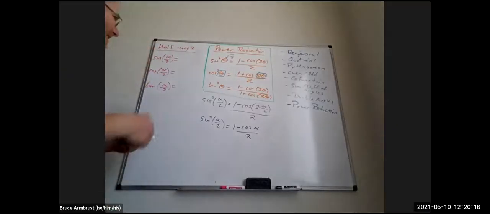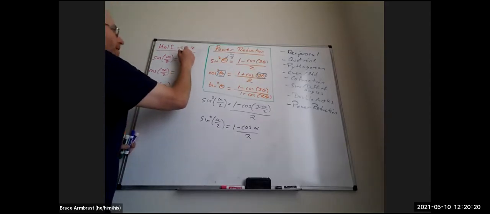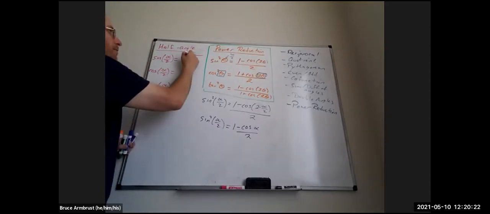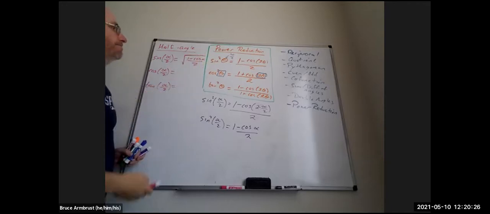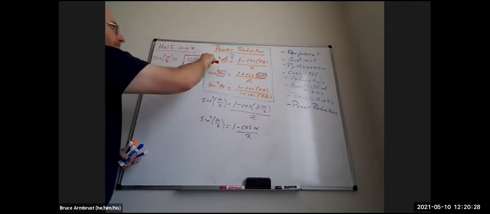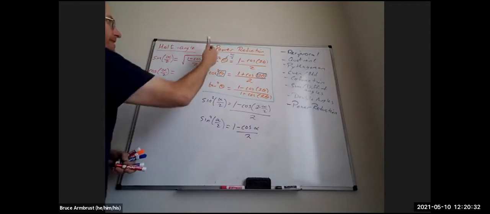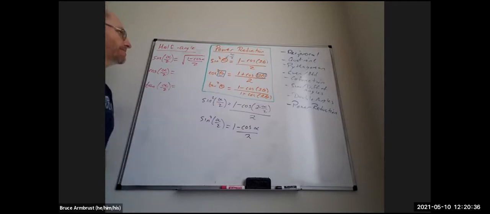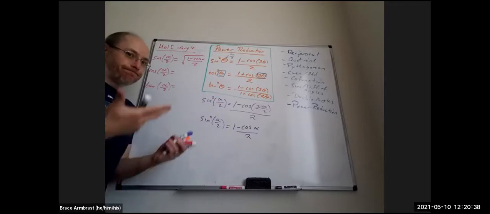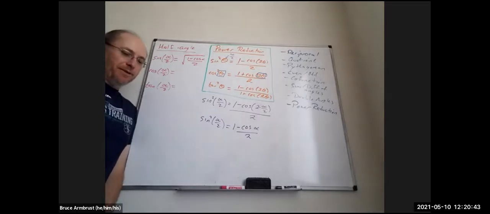So we're going to get that the sine of alpha over 2 is equal to the square root of 1 minus cosine of alpha over 2. Yeah, we just take a square root, because that's what you do to get rid of squares.